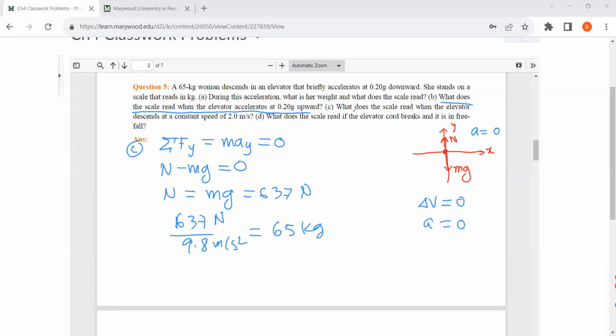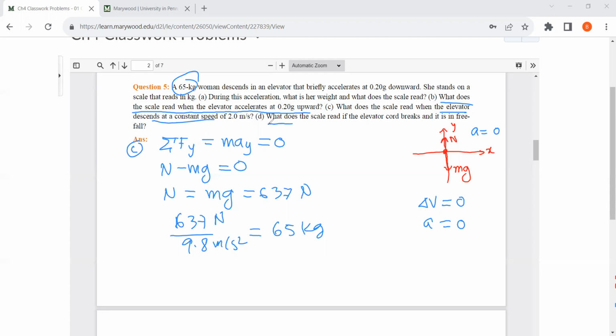Okay, so if the elevator descends at a constant speed, the scale basically reads the same 65 kilogram. Okay, all right.